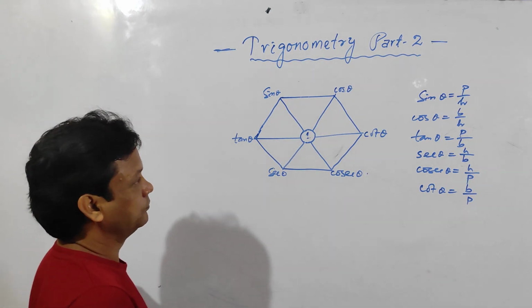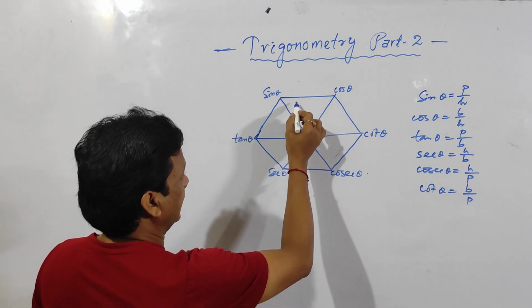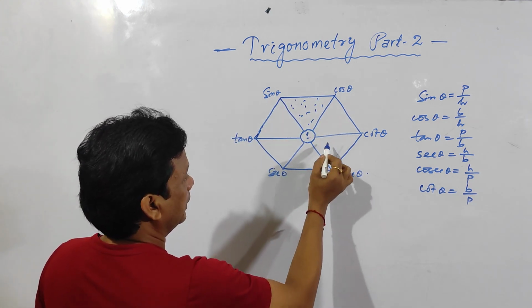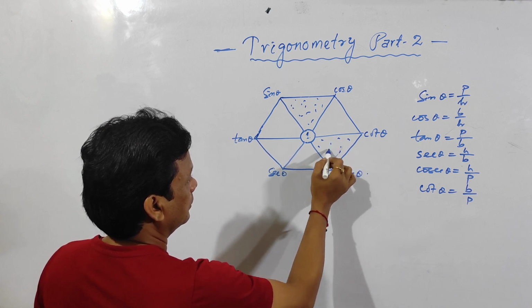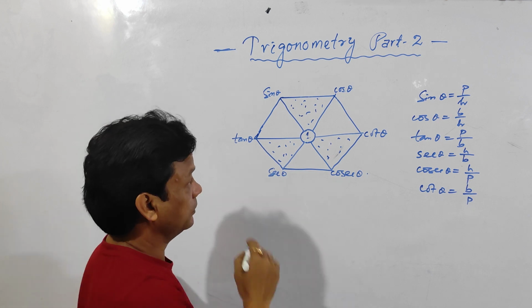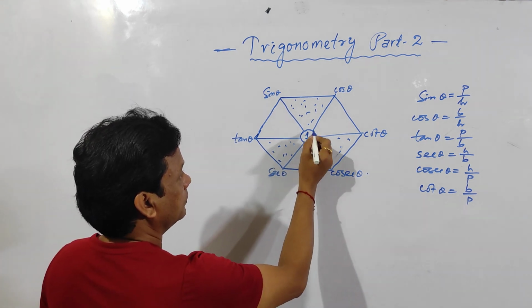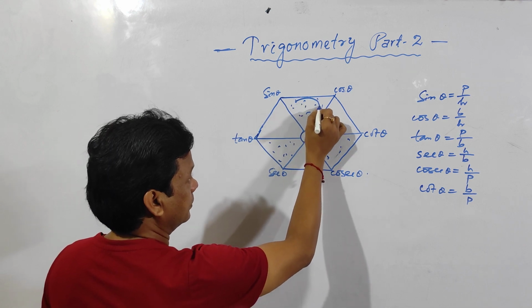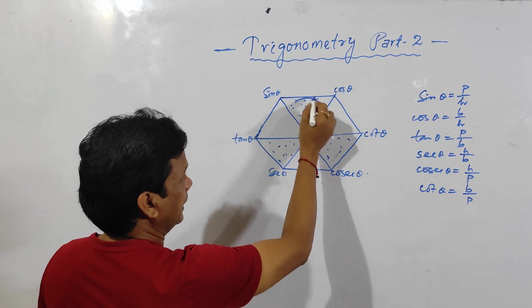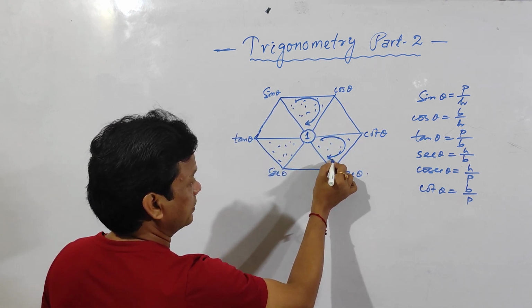Now take this triangle, and this one, and this one. Clear? Now, start from this side and end at 1. That will be in clockwise direction.